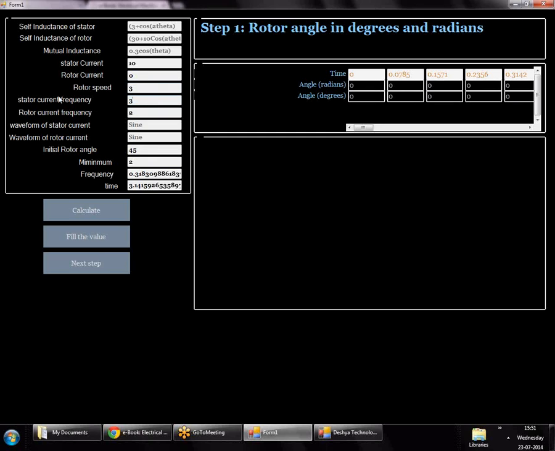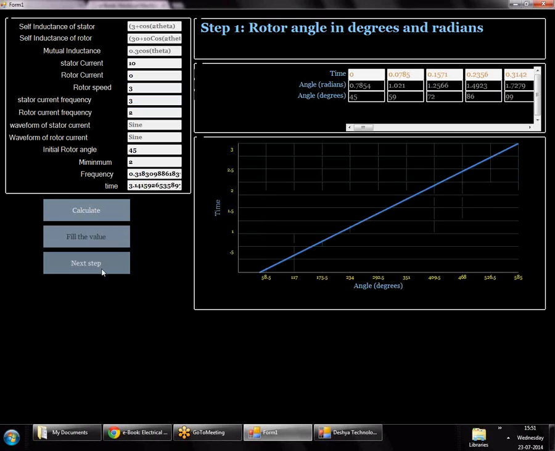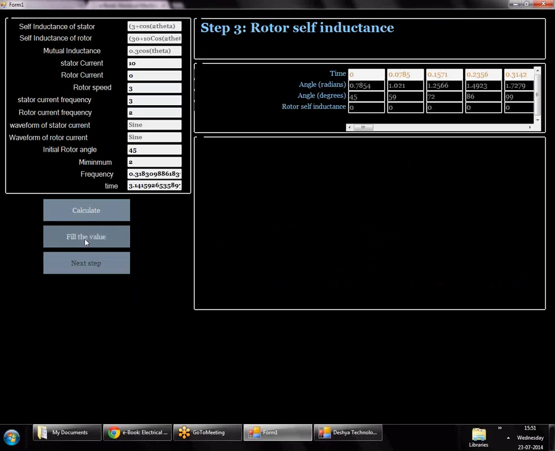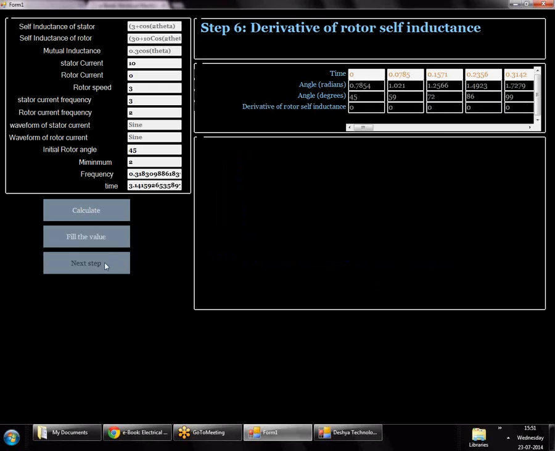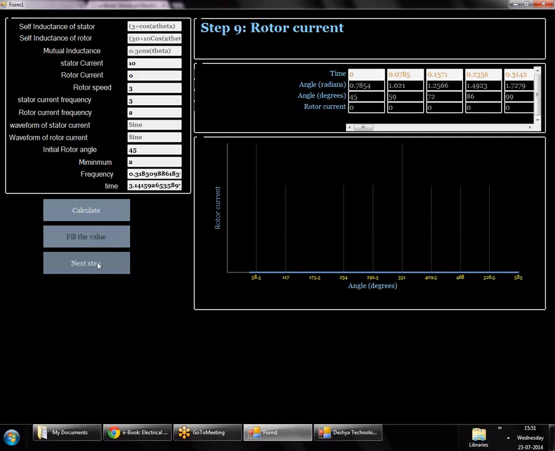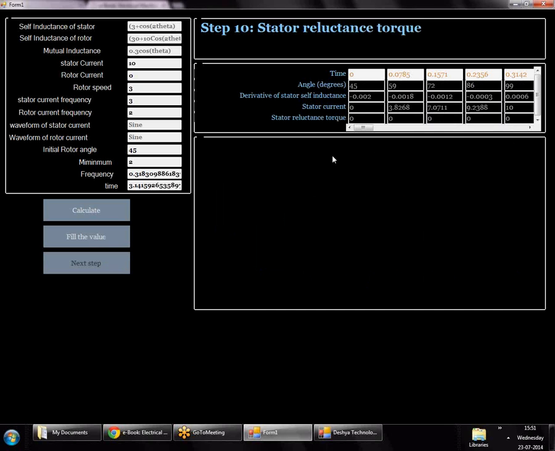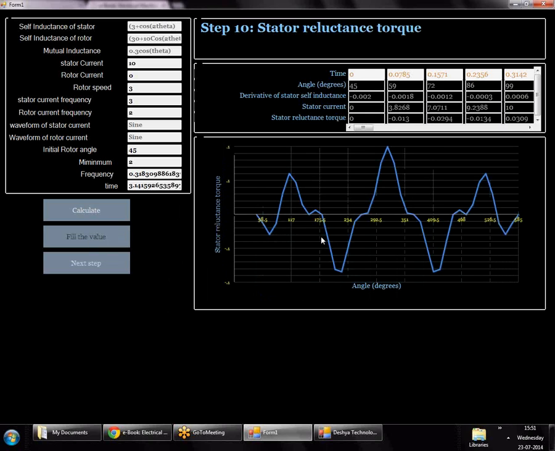If I make my stator current frequency equal to 3, then let's see what happens. I'll just go a bit faster with that, and we come now to the stator current, then the rotor current. It is 0, there is no rotor current. And now if you see here, the stator reluctance torque is going to be a non-zero value.